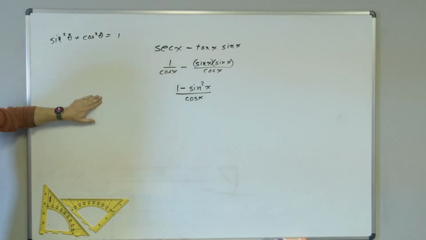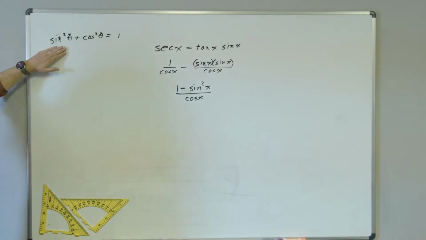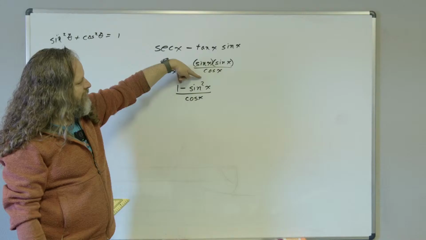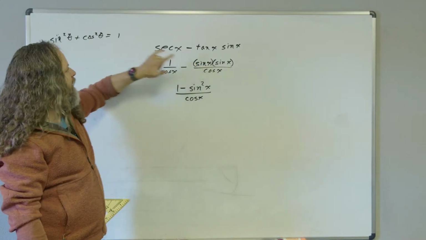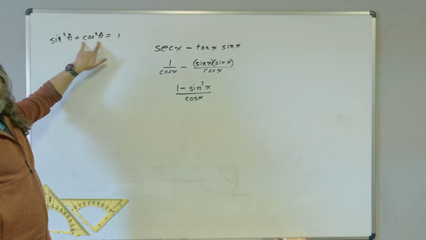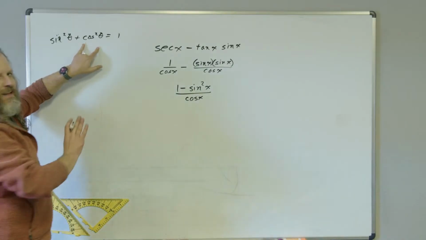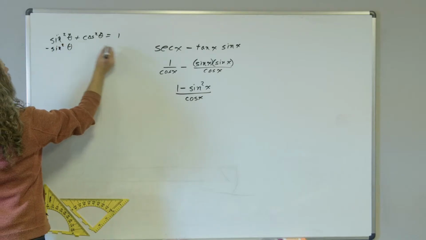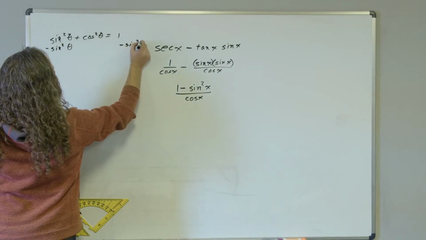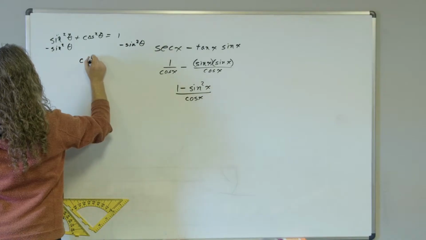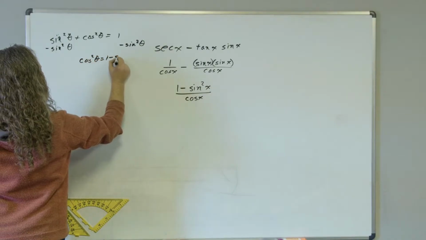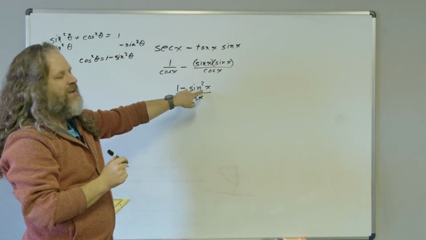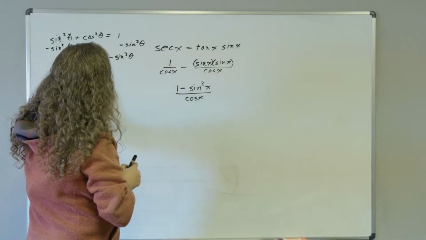If we subtract sine squared on both sides, we have exactly this. Subtract sine squared theta from both sides: cosine squared theta equals 1 minus sine squared theta. So we can take this and turn it into that.